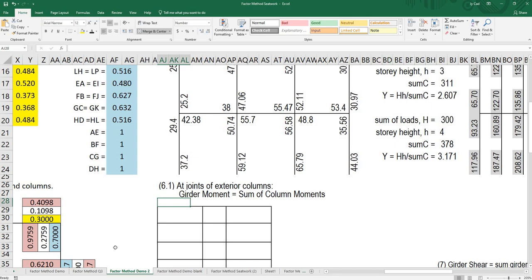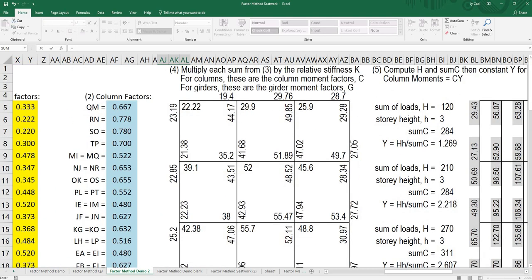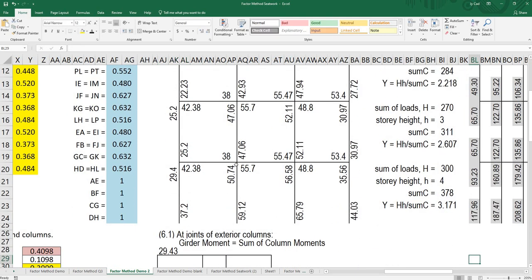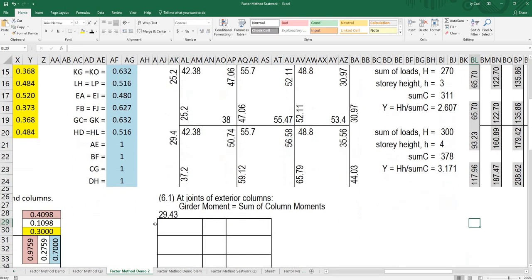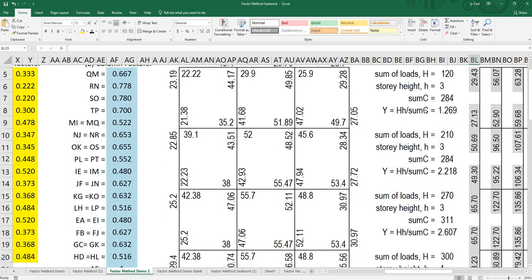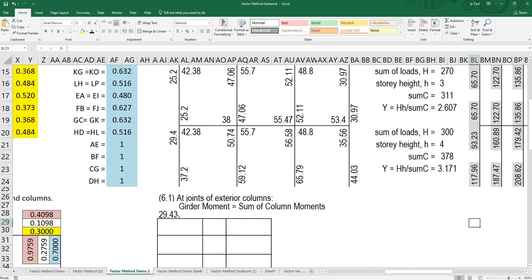For this beam, that is simply equal to this column moment. If you take summation moment at this joint, that would be equal to 0, kasi si column 29.43 tapos si beam is also 29.43.